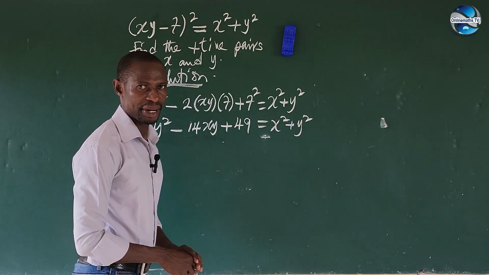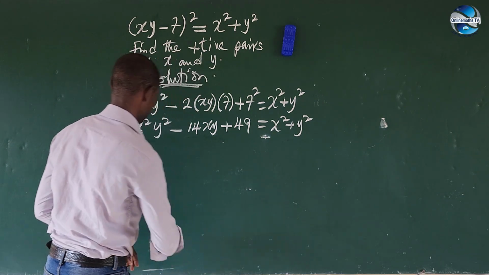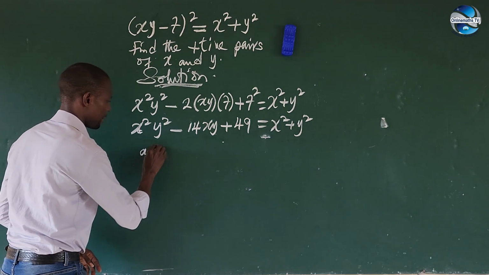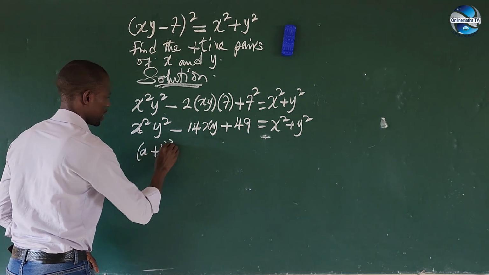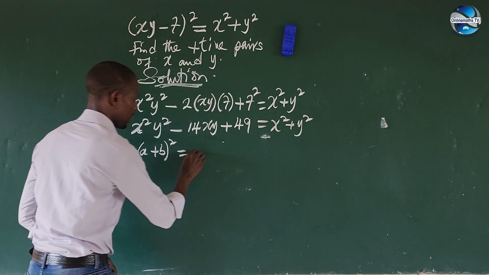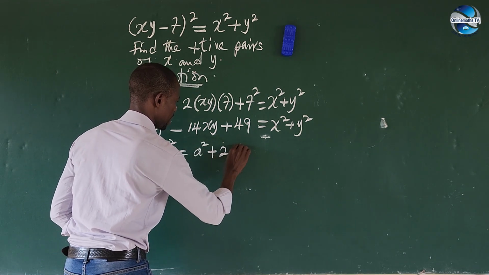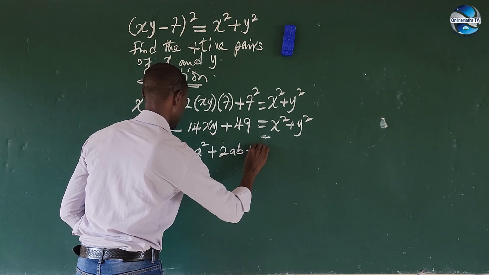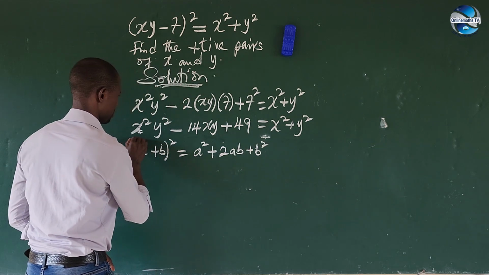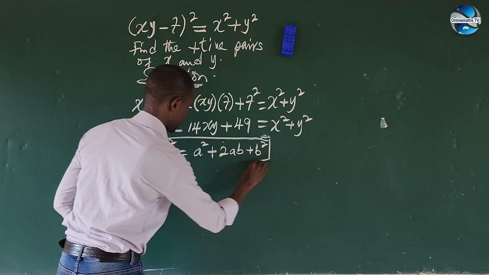Remember your algebraic identity: (a + b)² = a² + 2ab + b².